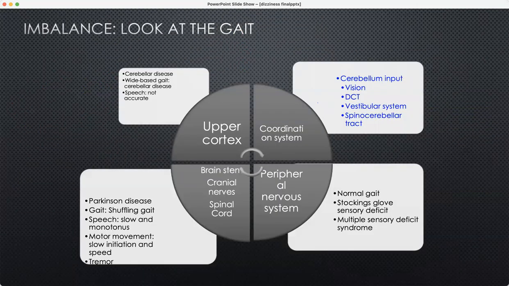If it is a normal gait, consider multiple sensory deficits. Stocking glove sensory deficits are typical of diabetes neuropathy. If the gait is abnormal and wide-based gait, consider cerebellar disease. If the gait is abnormal and shuffling, consider Parkinsonism disease and look out for the other signs of Parkinson disease.